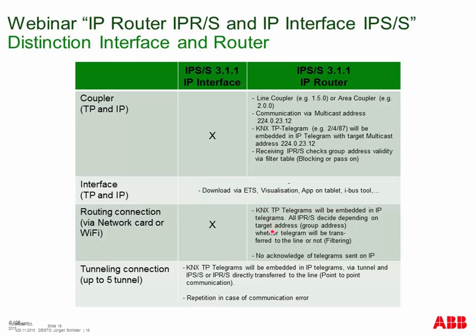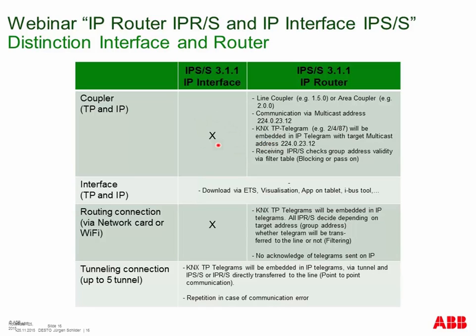Finally, here an overview to differentiate IP interface and IP router. There are also sometimes confusions. People sometimes mix something up, so we try to show you here a short overview of the different functions supported by these devices. Coupling, replacement of line and area coupler, is only possible with the IP router, working as a line or area coupler with the communications I have mentioned already, typically in multicast mode.